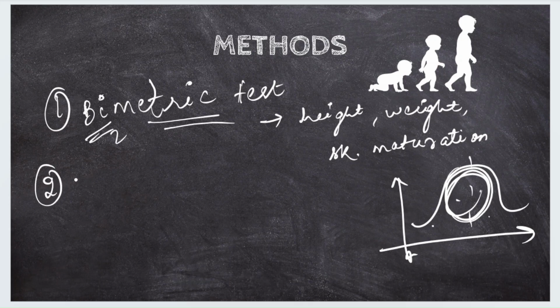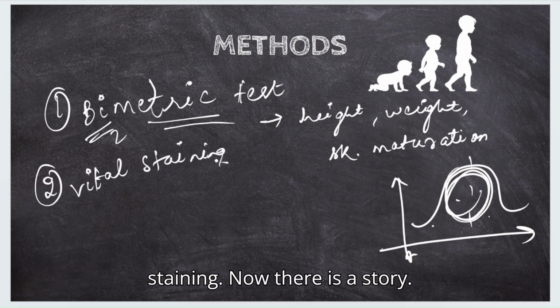Second is vital staining. Now there is a story. In 1936, a person named Belcher was just roaming around and saw the dead bodies of a few animals. He saw that those bones were not white, they were red in color.